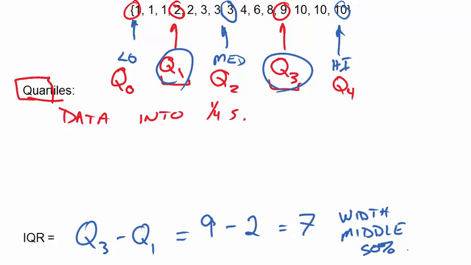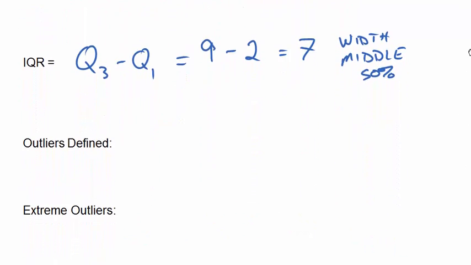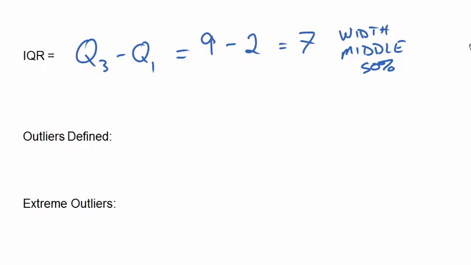And so that tells me I may have some values that are a lot higher or a lot lower. Don't really know about outliers yet. But if I know what my interquartile range is, I know where the middle 50% is, it's sort of like describing the center, the heart of the data. So I know the median in this case was at 3, and the interquartile range went from 2 to 9 for a width of 7. And from this, I'm actually going to finally be able to define what an outlier is.